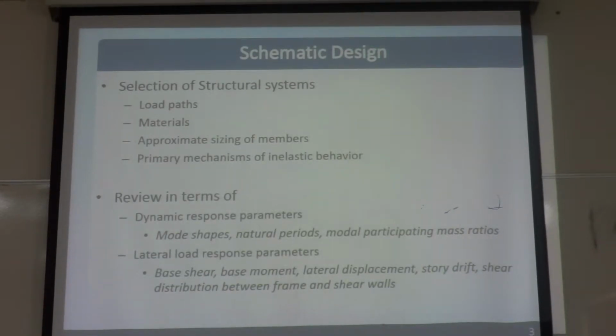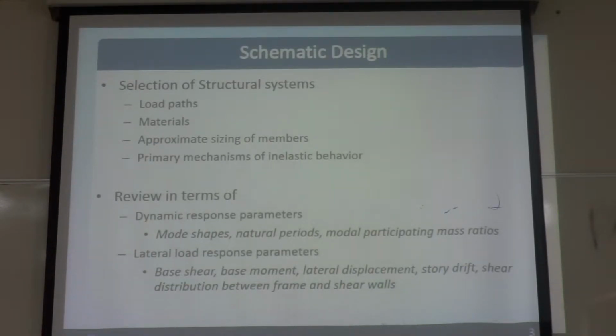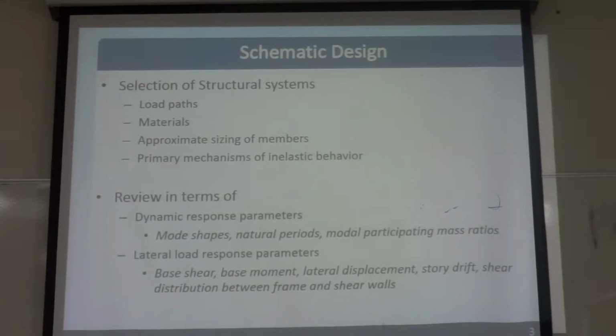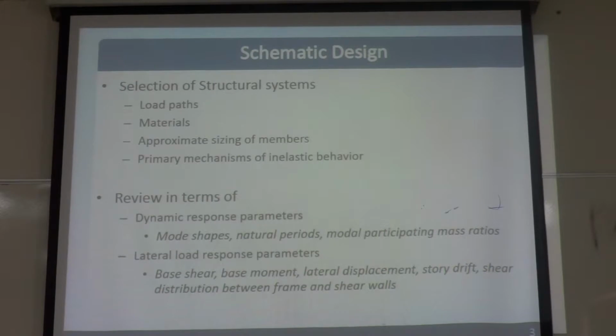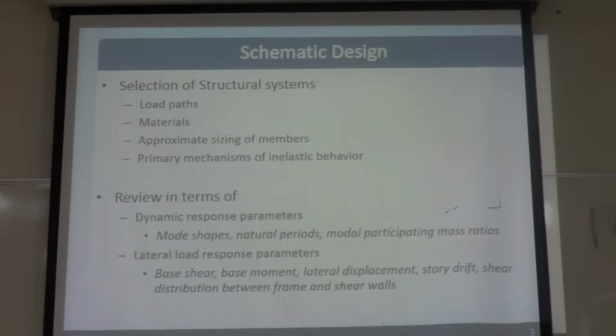So, in consideration of the load path, we have to consider how the gravity load will transfer to the foundation, as well as how the lateral load will transfer to the foundation. For example, for gravity load, if we use the flat slab system or beam and slab system, the gravity load will transfer from the slab to beam, and beam to column, and then column to foundation.